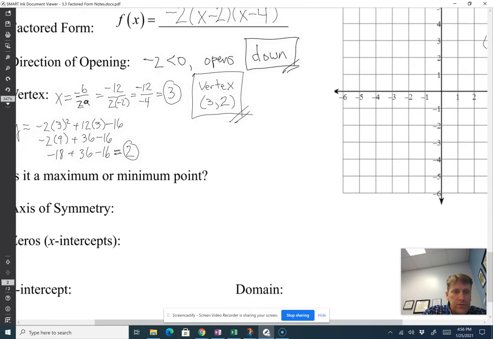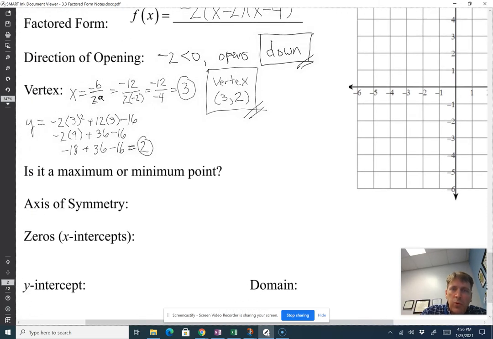And is it a maximum or minimum point? Since it opens down, it's going to be the highest point, so it's a maximum.